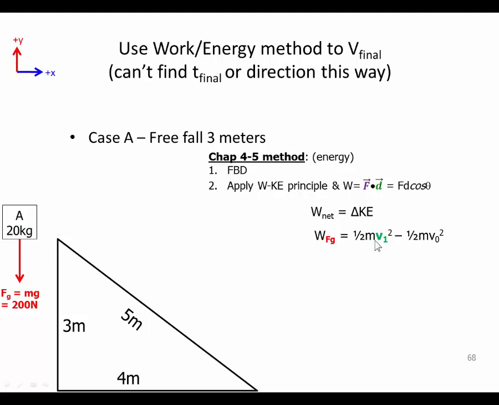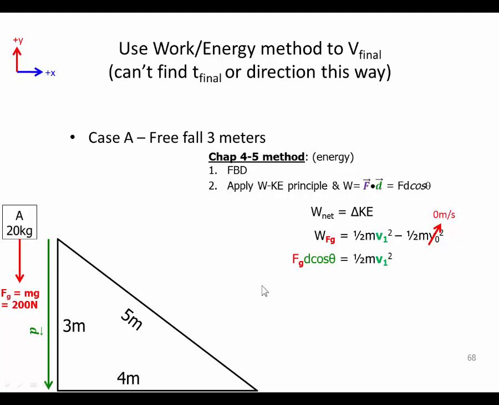And our kinetic energies are final minus the initial. Of course, our initial value for velocity is 0, so we're going to knock that out. And we can substitute our new and improved work formula, which is F D cosine theta. We're using the dot product. And so we're going to take the dot product between these two vectors.